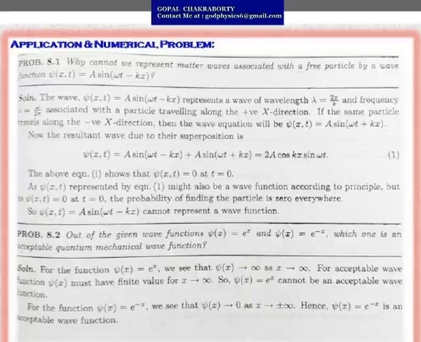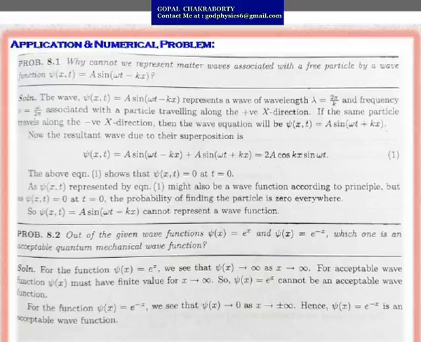Now the first problem: why can we not represent matter waves associated with a free particle by a wave function psi of x and t, position and time, equal to a sine omega t minus kx? How will we solve this?